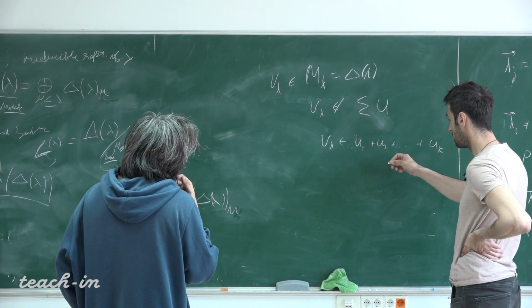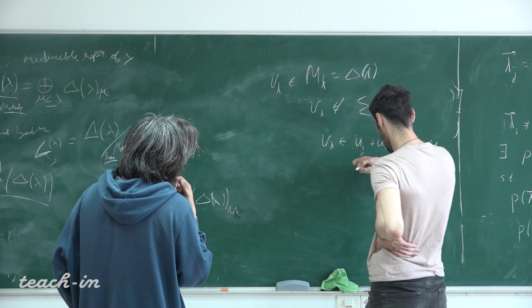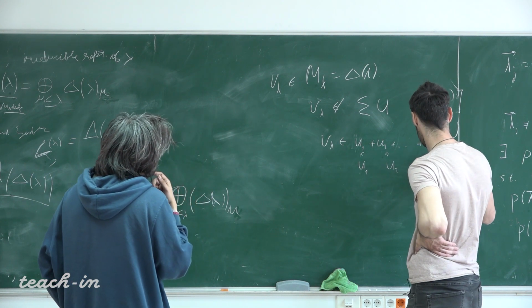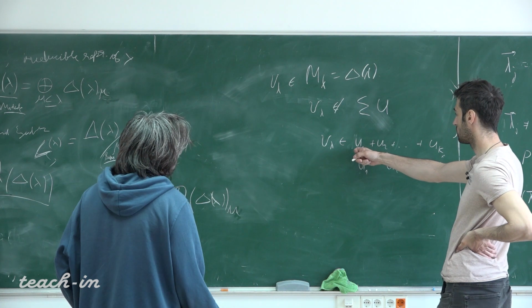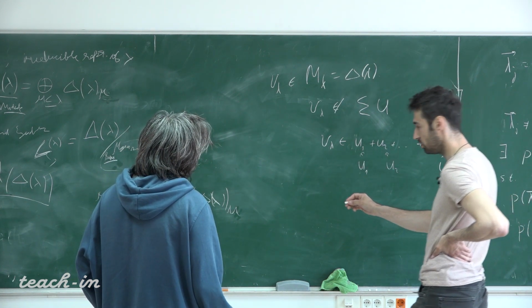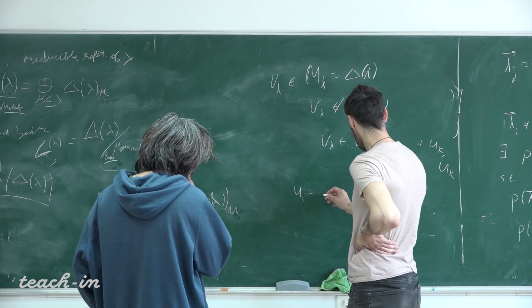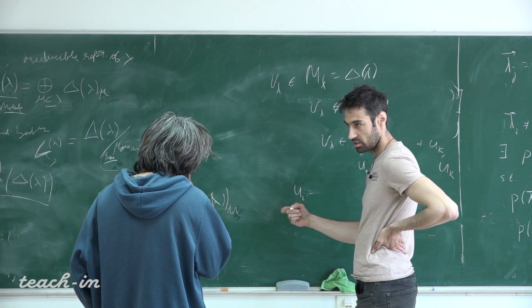This is in U1, a proper submodule. It's another proper submodule, and so on. Now you take this and decompose each ui into a sum of weight vectors.